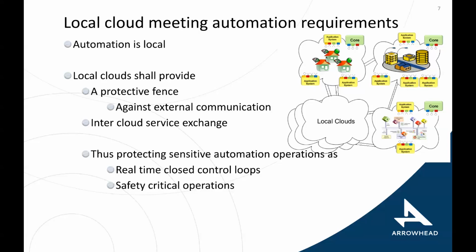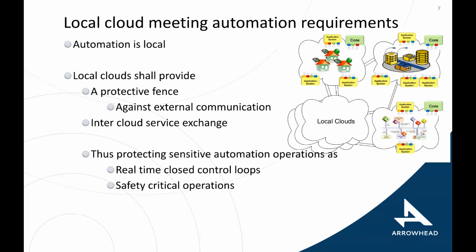So in this case, we can make cloud environments where we really can do hard real-time control and where we can protect all this interconnection and automation digitalization that's done there from any other communication in the factory or external.